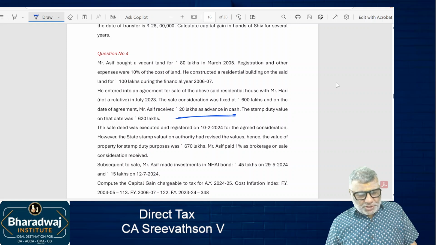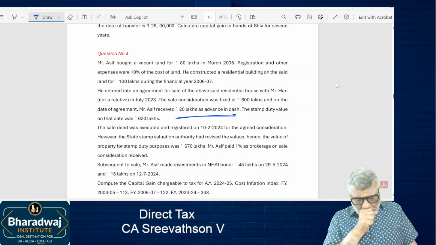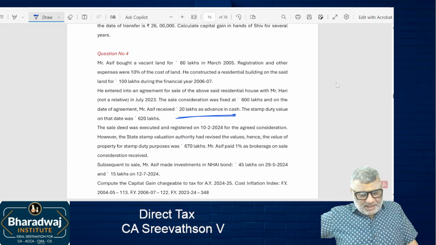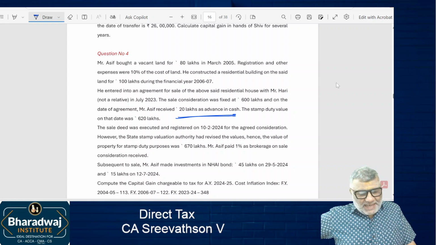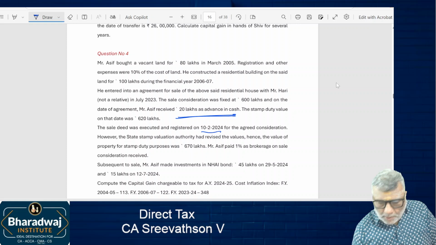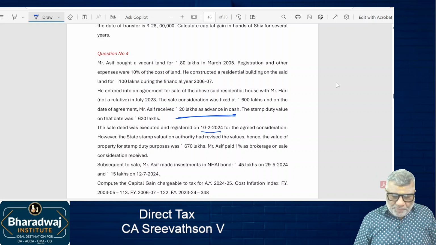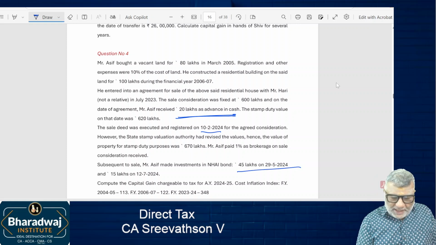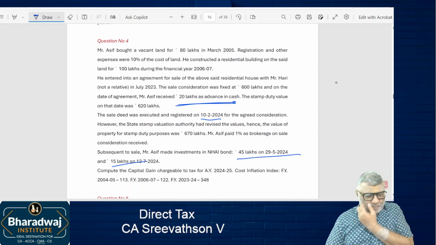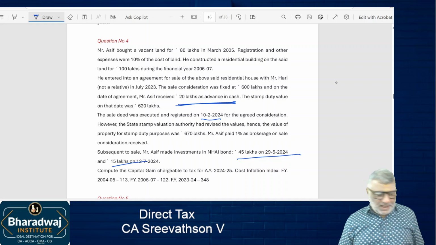The sale deed was executed and registered on Feb 10th. The stamp value on that date 6/17. Asif paid 1% as brokerage on sale consideration. Subsequent to the sales, that is on 10/2, he made investment of 45 lakhs and 15 lakhs in NHAI bonds. Compute the capital gain for the year.